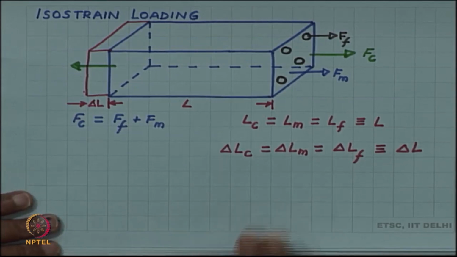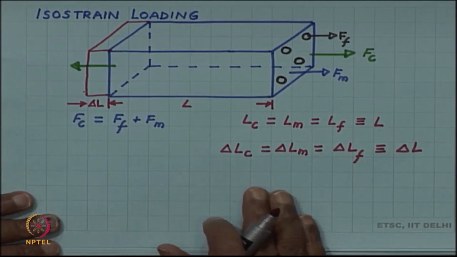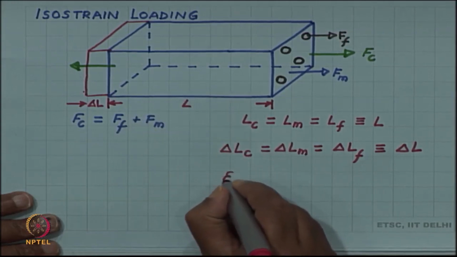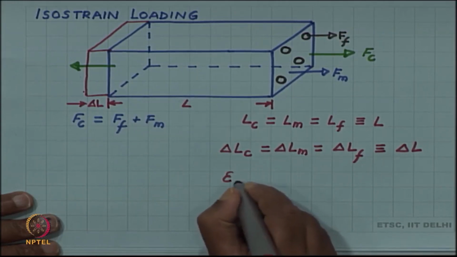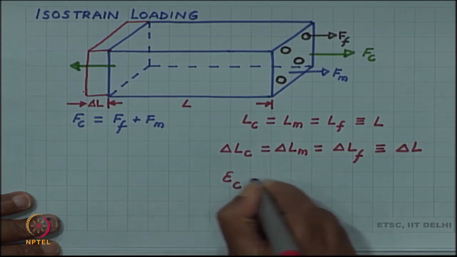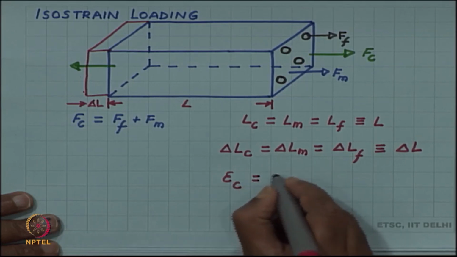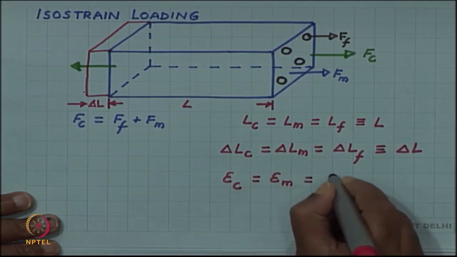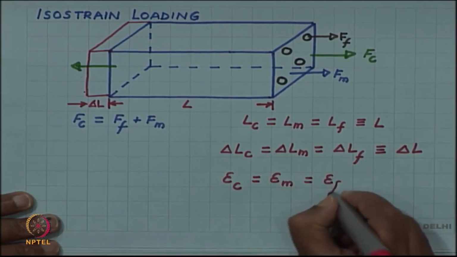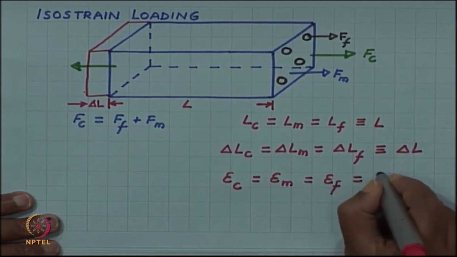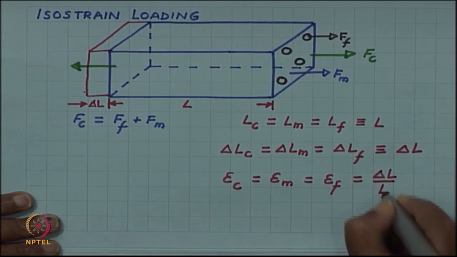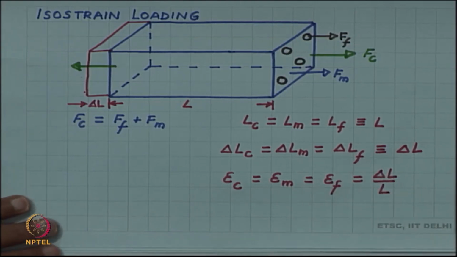This of course leads to equality of strain in all these phases. So, the strain in the composite is equal to the strain in the matrix, is equal to the strain in the fiber, all of which is equal to the change in length delta L divided by the original length.